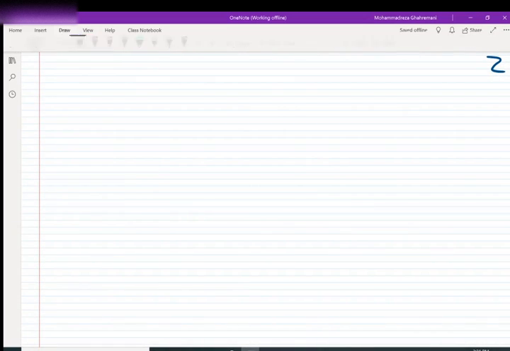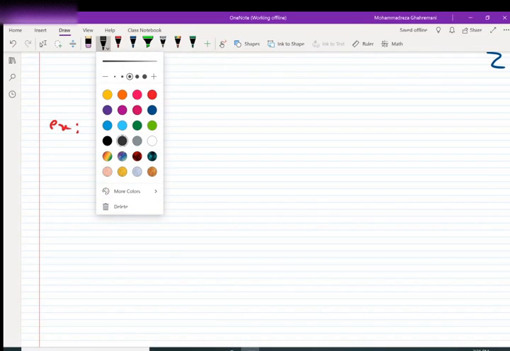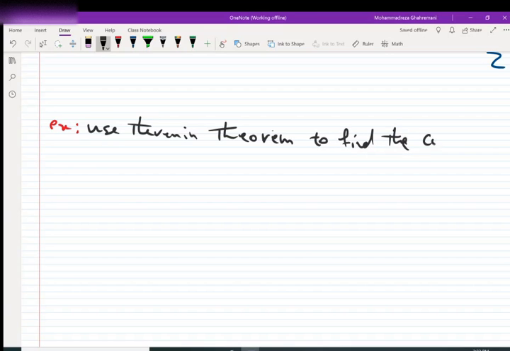In this example, use Thevenin theorem to find the current Ix in the following bridge circuit.